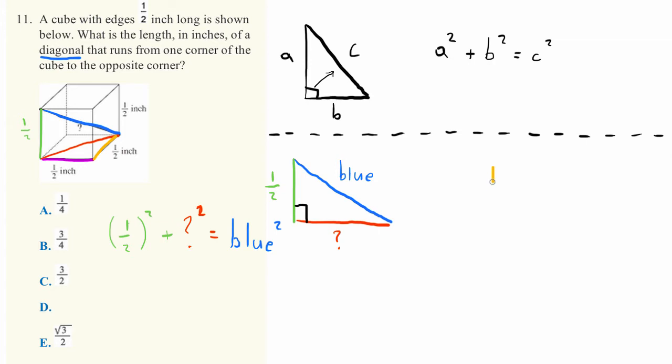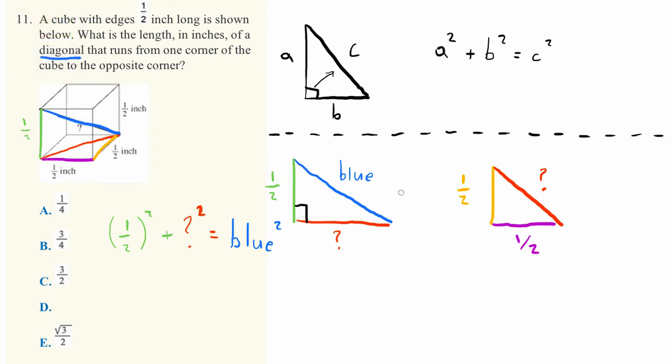We have a side that's 1/2 of an inch, and a side on the base that's also 1/2 of an inch. The hypotenuse, the side opposite the right angle, which we are calling question mark, is the same as this length. So we can now find question mark, given that this is also a right triangle.